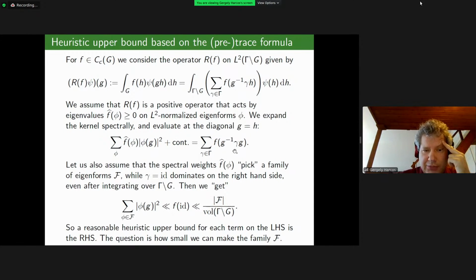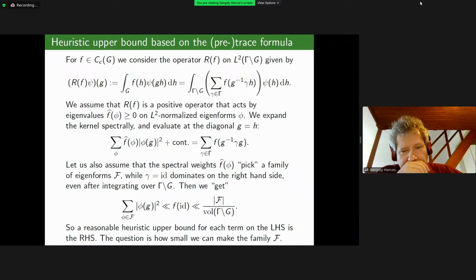Now, when you integrate f of 1 on the right-hand side over G mod gamma, then of course you get the volume of G mod gamma, and on the left-hand side you get a weighted count of these cusp forms, plus also a continuous integral weighted count. So in effect, you would count the size of the family.